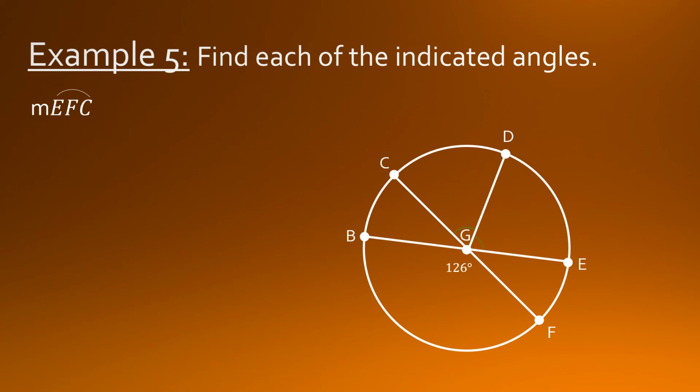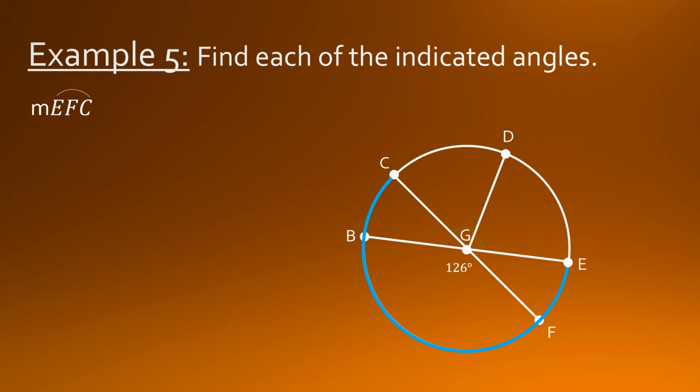In this last example, we're looking for the measure of arc EFC, so from E through F to C. Now, of those pieces that are put together to give us EFC, we notice that we have angle BGF, or arc BF. It's 126 degrees.